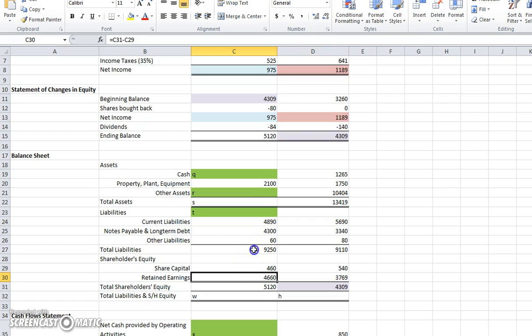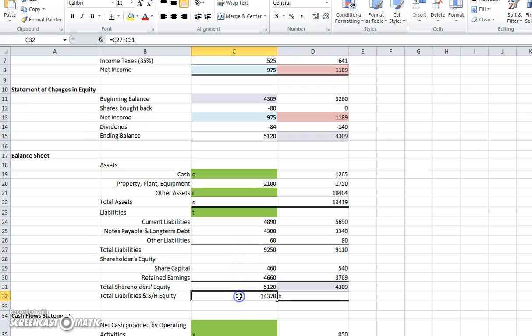Now we know the liabilities plus shareholders' equity must equal total assets. It must equal each other. So let's make those 2 add up. Maybe what we just do is this. Total liabilities plus shareholders' equity is that amount, 14,370.